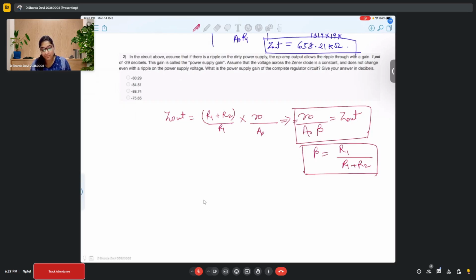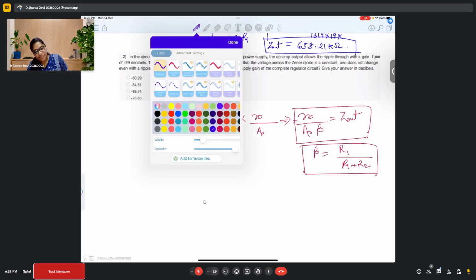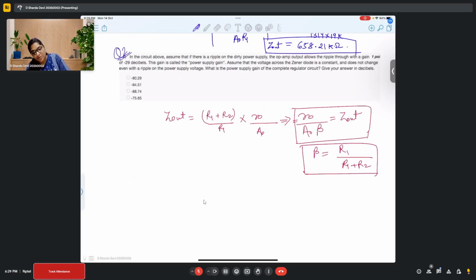Now, in the same circuit, this is question number 2. This reduction is because of negative feedback.